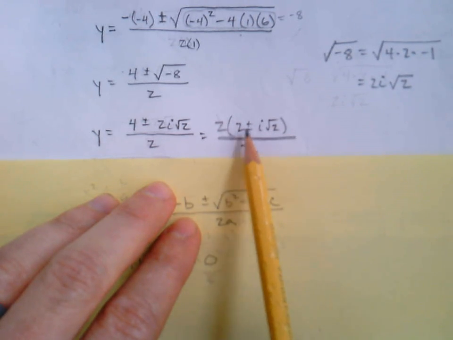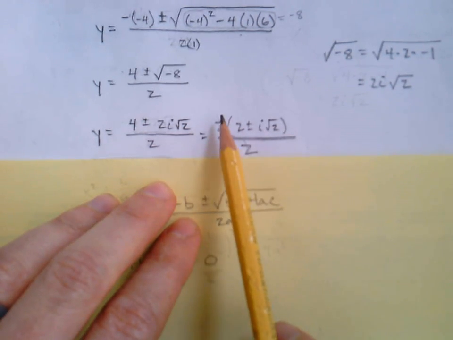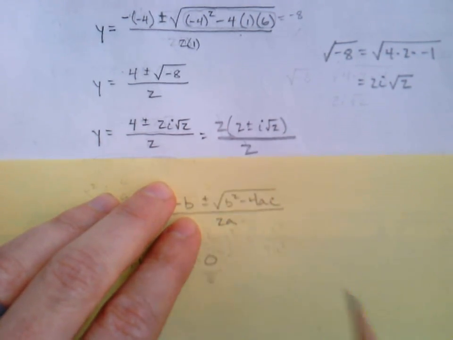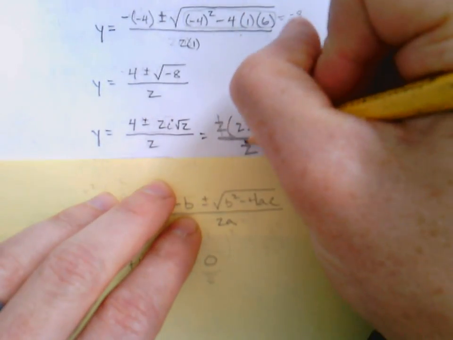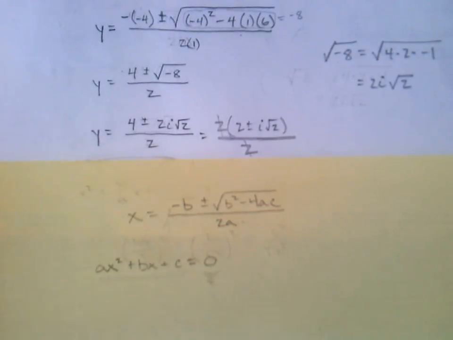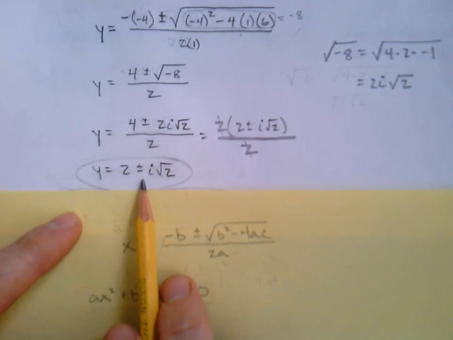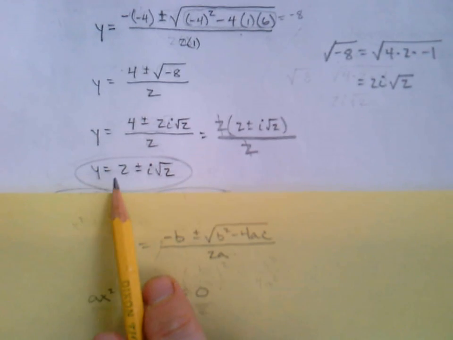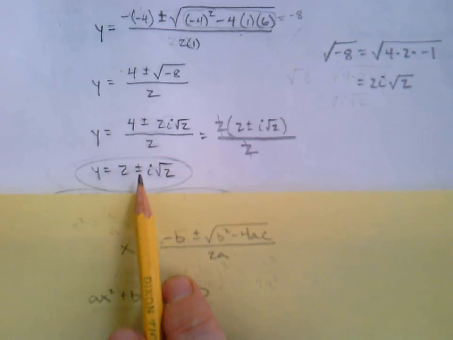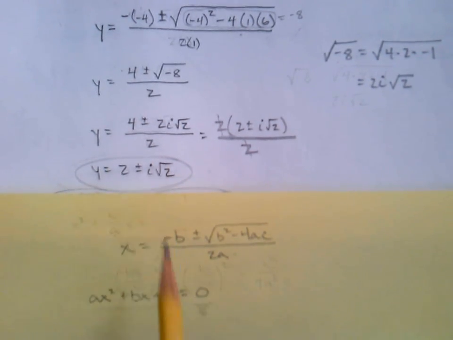Which left behind 2 plus or minus i square root 2, right, if this was to distribute back. Why do I want to do that? So that I can cancel out those 2's. And you might be happy with this as your final answer. Y equals 2 plus or minus i square root 2.